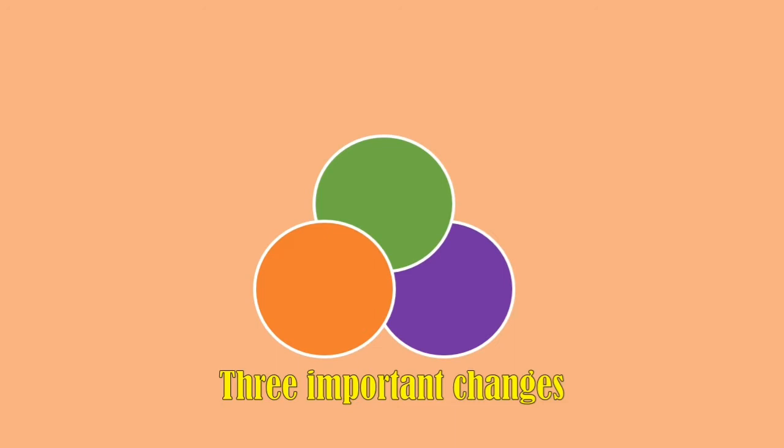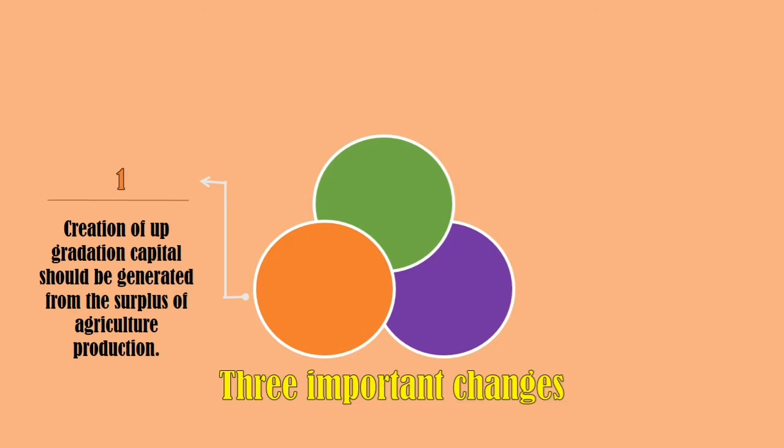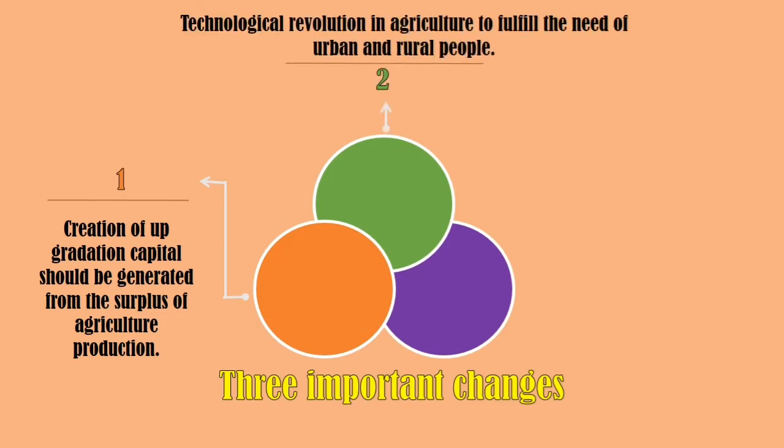The first is the creation of capital, which should be generated from the surplus of agricultural production. The second is a technological revolution in agriculture to fulfill the needs of urban and rural people.